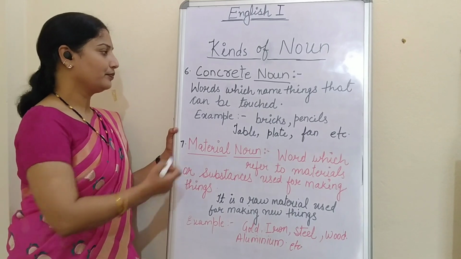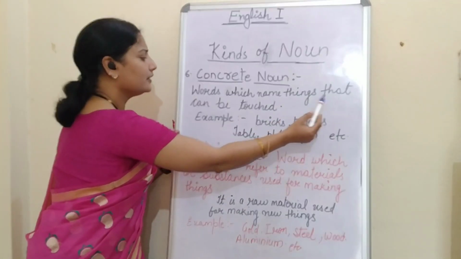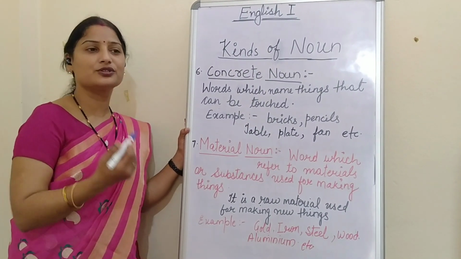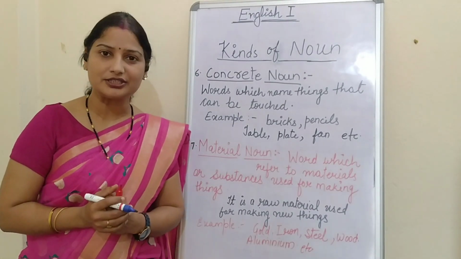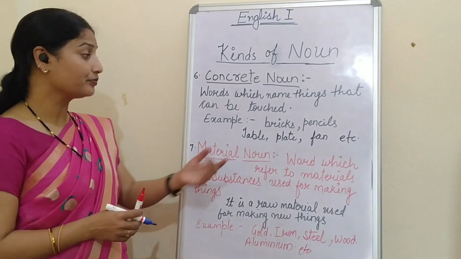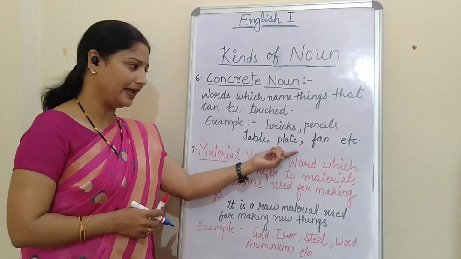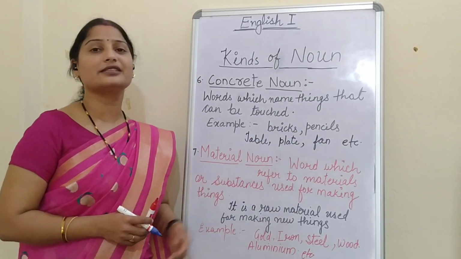Concrete noun. Words which name things that can be touched are called concrete nouns. Students, whatever things we can touch are concrete nouns. For example, bricks, pencils, table, plate, fan, etc. We can touch all these things.